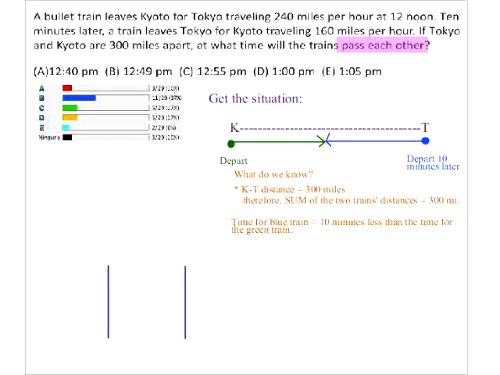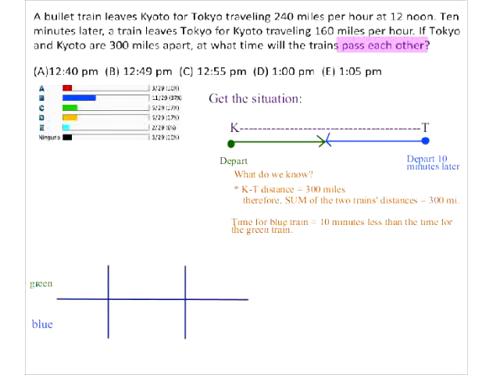So rate, time, distance, blue train, green train. Let's put those in the same order that they're in. So first green, then blue. Rate, time, distance.